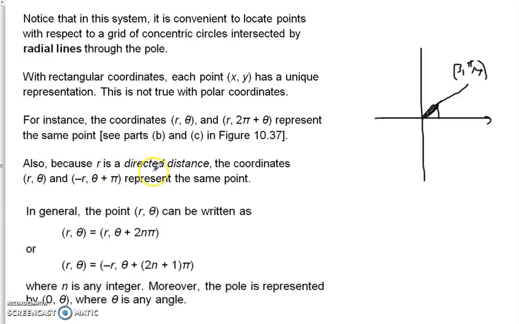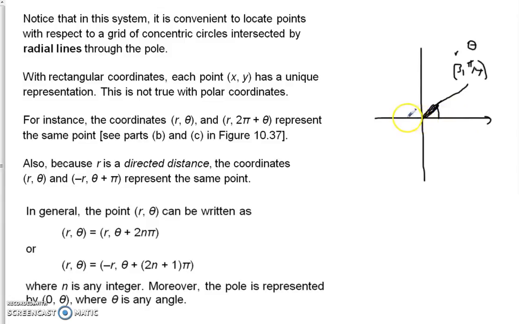Also, because r is a directed distance, the coordinates (r, theta) and (negative r, theta plus pi) represent the same point. So here, let's say r is 3 and theta is pi over 4. How about this time I let r be a negative number.